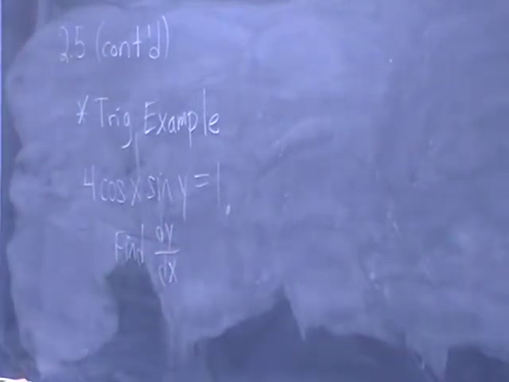And in order to do that, we will indeed need to use product rule. And of course, since it's implicit, we'll have a little chain rule shout out going on too.